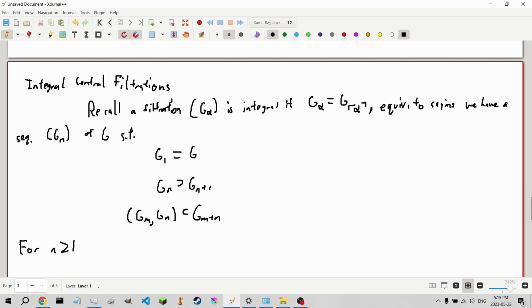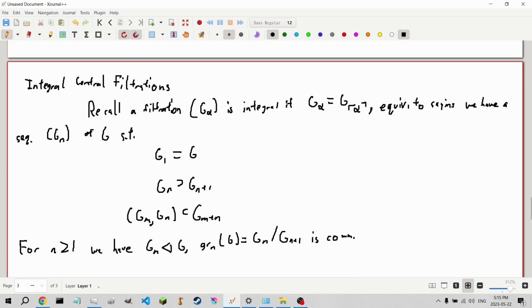Then for positive n, at least 1, we have that Gn is a normal subgroup of G, and that the nth grade of this, Gn over Gn plus 1, is commutative.